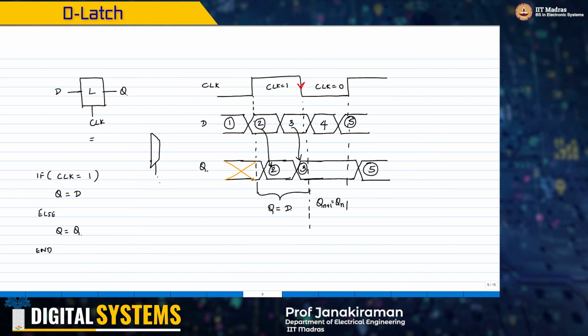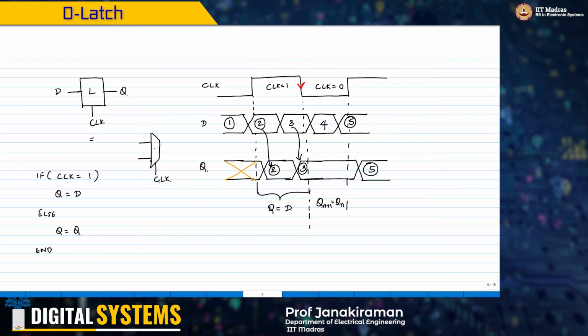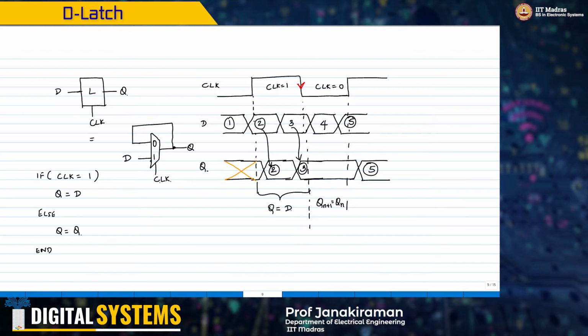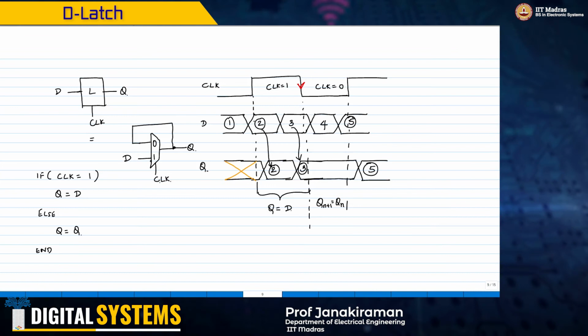The select signal is controlled by clock. If select equal to 0, we want to just hold the data as it is. If select equal to 1, that is clock equal to 1, we want the D to go out to Q. At a block diagram level, this is what a latch is.